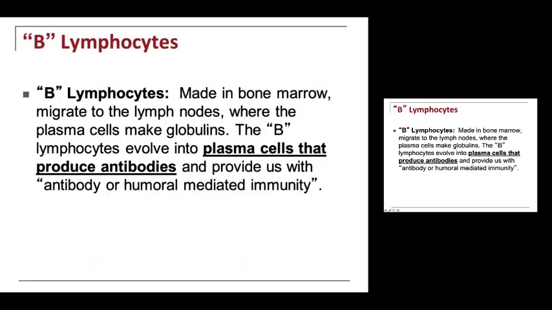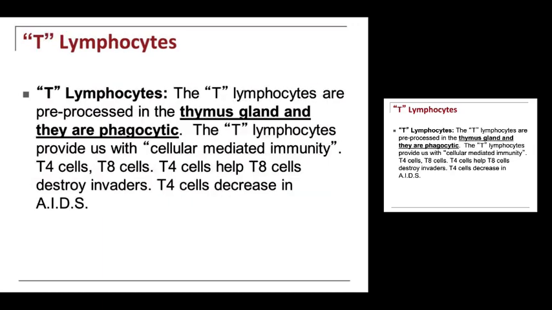Again, the B lymphocytes, these come from bone marrow. And B lymphocytes, it's really important to know that they evolve into plasma cells. And then plasma cells produce antibodies like those immunoglobulins, IgG, IgA, IgM. So they're involved with antibody or humoral-mediated immunity. Your T cells are produced by the thymus gland, and they're phagocytic.